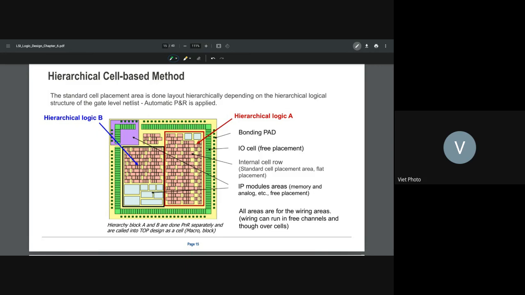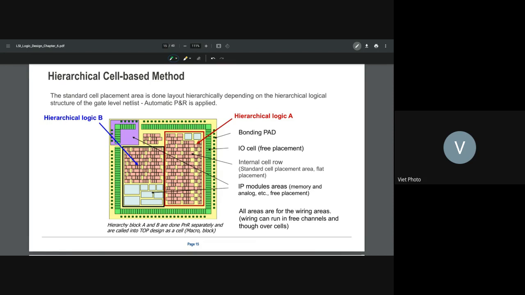More than that, imagine if you do the timing, the placement, and the routing for 100 million transistors; the routing will take days. Only 100 million transistors take days, and if you put in 1 billion transistors, it will run forever, because the complexity is not linearly proportional.